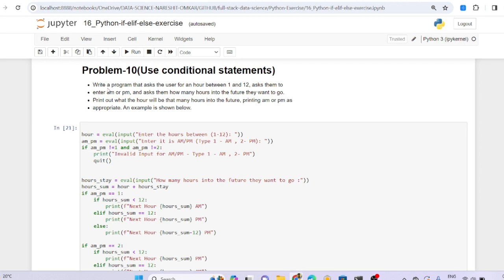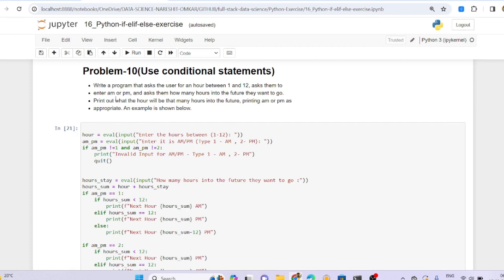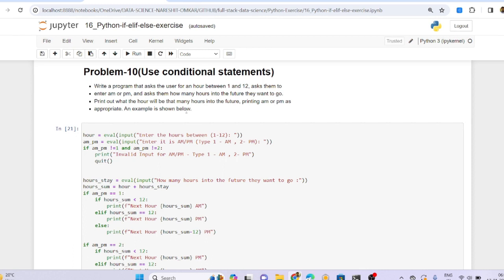Write a program, ask the user for hours between 1 to 12. This is something like AM PM, so 12 hours, and ask whether it's AM or PM. Ask how many hours in the future they want to go or they want to stay, and you need to give the final future time, printing AM or PM.